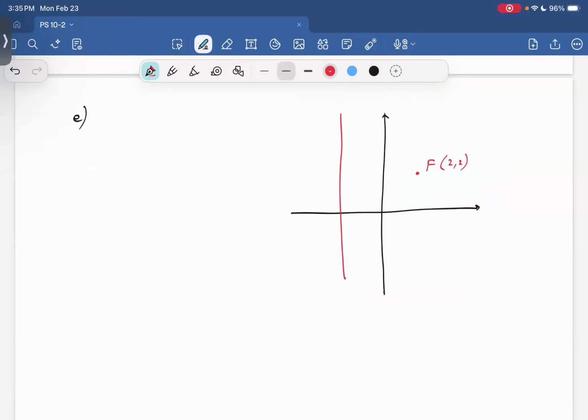So that's a vertical line, which tells us that the vertex must be in between those two, and that's 0, 2. So we have a rightward facing parabola, which means we'll have y minus 2 squared. Here, p is going to be +2, so we have 8 times x minus 0.